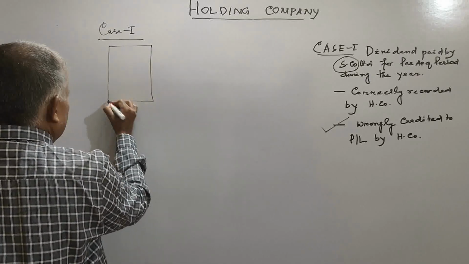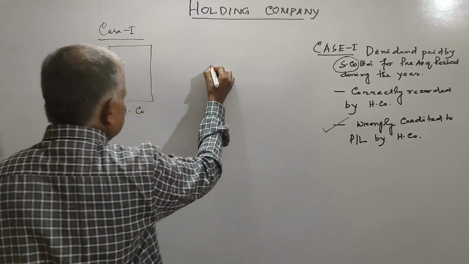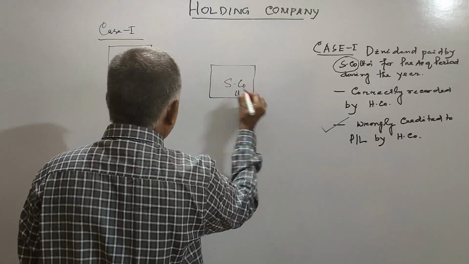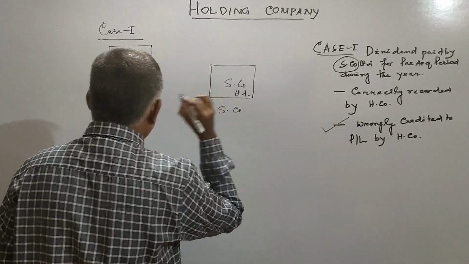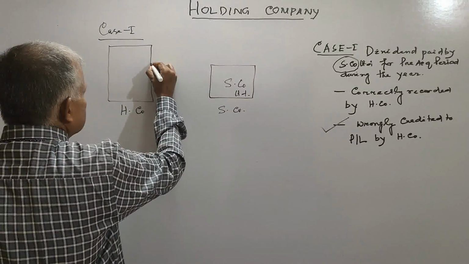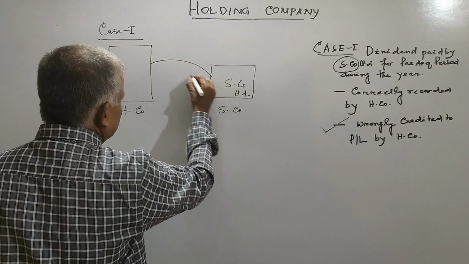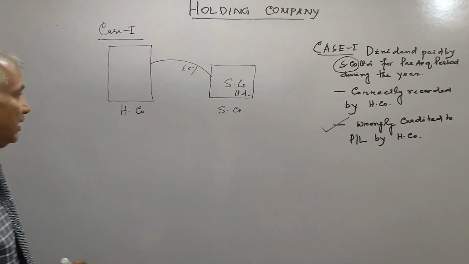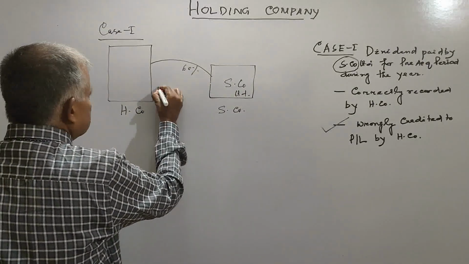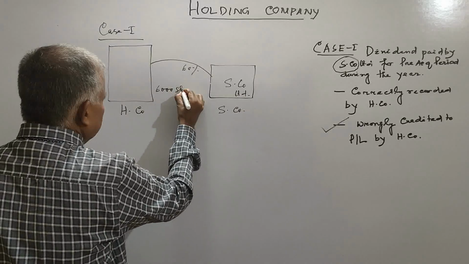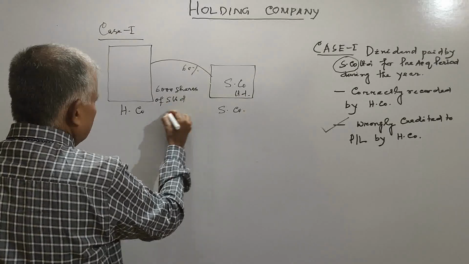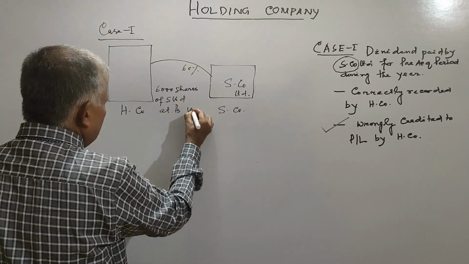This is the holding company and this is a subsidiary company, S company. Now this holding company holds 60% share in the subsidiary company, and in the holding company balance sheet it is shown that it is 6,000 shares of S Limited at rupees 1 lakh.